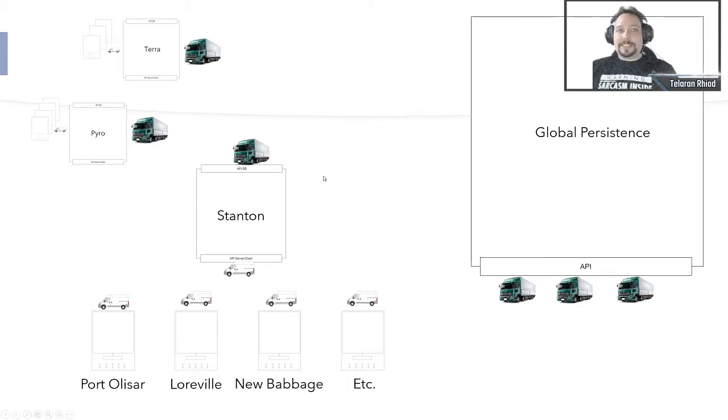So that's what they now try to accomplish, and that's also a bit troublesome. They have to decide which information is transported at which frequency from the iCache to the global persistence, to the database. That's what they have to take care of, and that's also what this part of the API means.